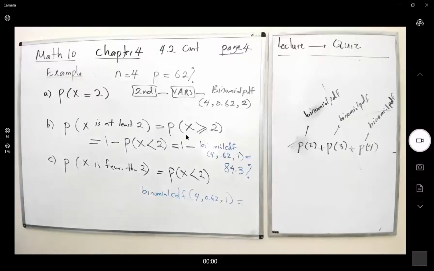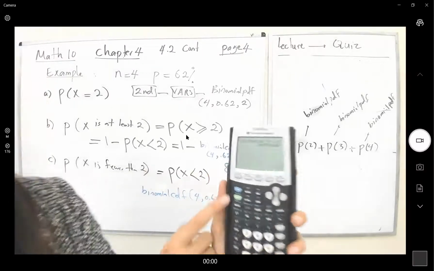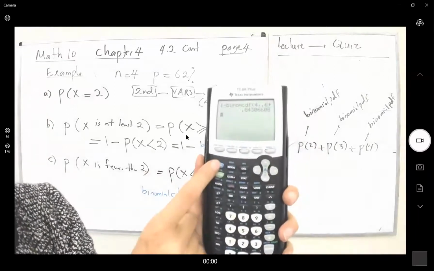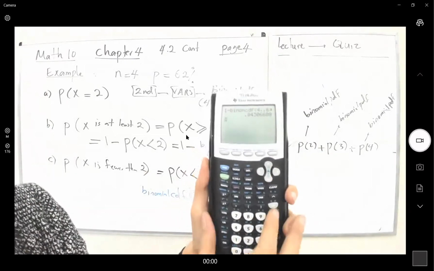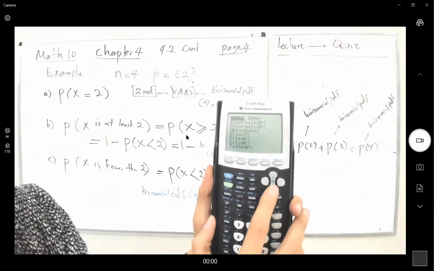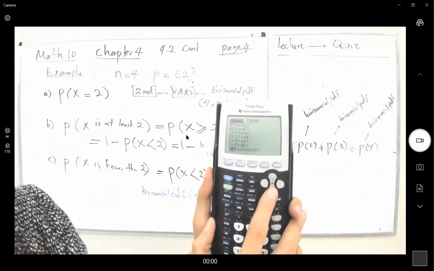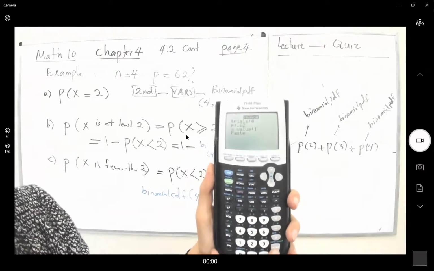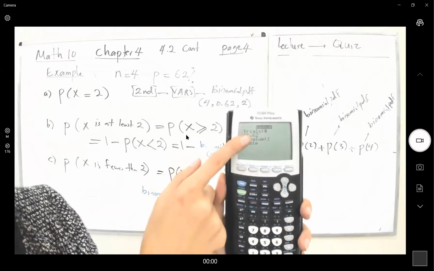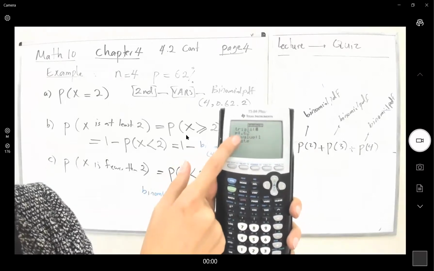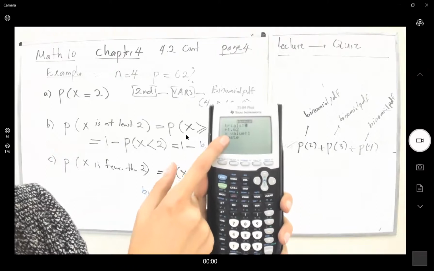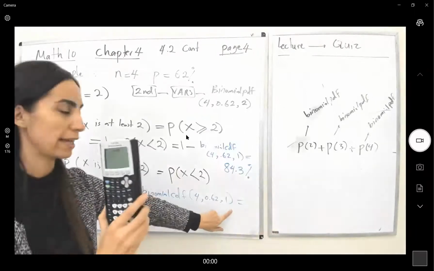Let us use our TI-84. So here you go to second, vars, binomial CDF. The number of trials is 4. Probability of success is 62%. And X value is 1.